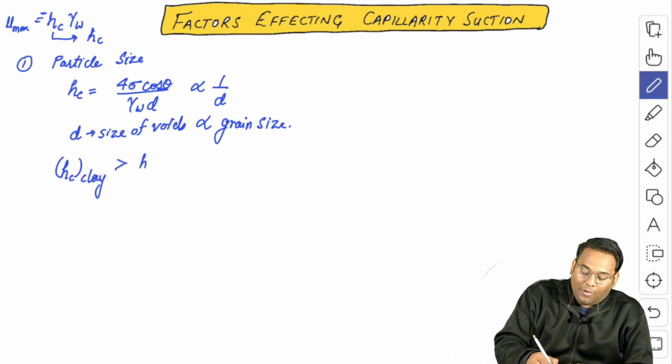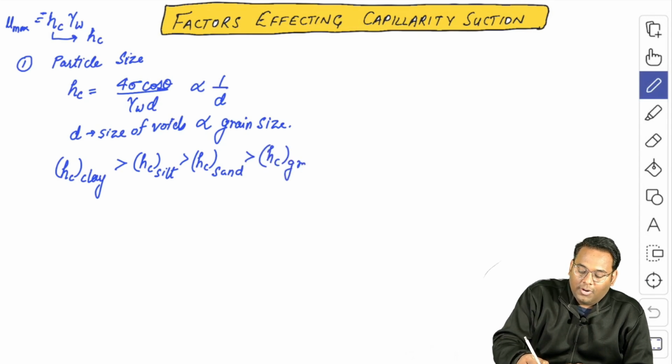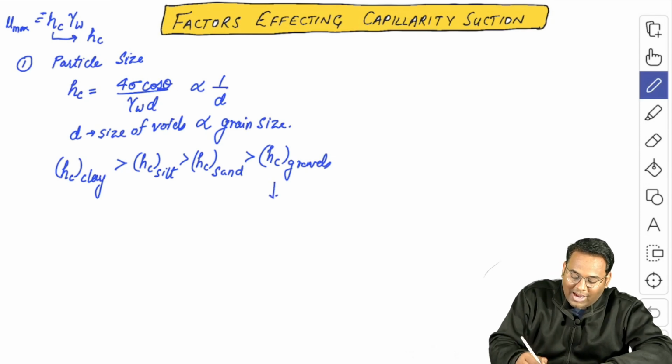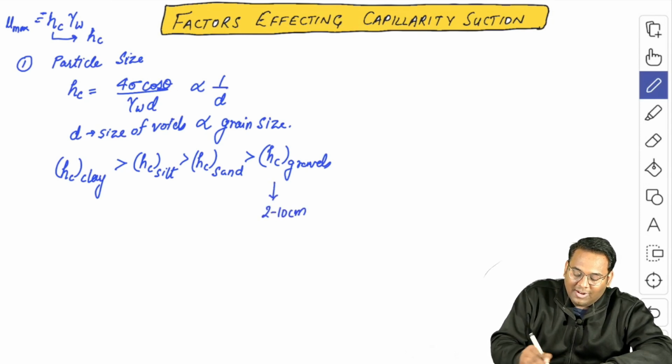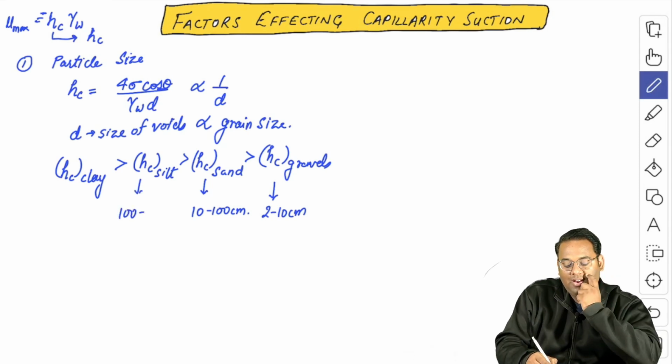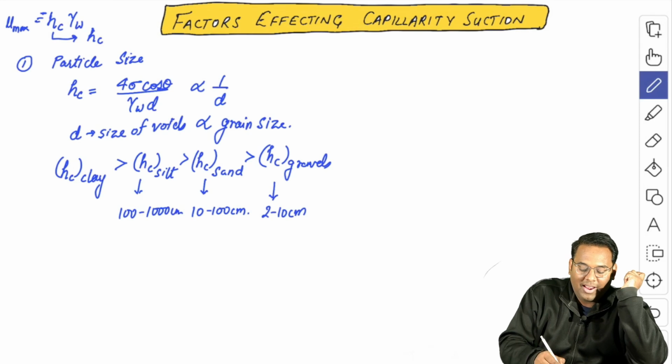That means Hc of a clay will be the biggest, followed by silt, then sand, and finally the least will be gravel. For general values, for gravel this is between 2 to 10 centimeters, for sand between 10 to 100 centimeters, for silt around 100 to 1000 centimeters, and for clay around 1000 to 3000 centimeters.